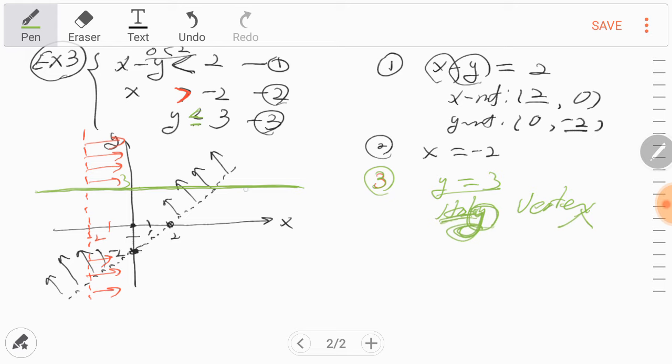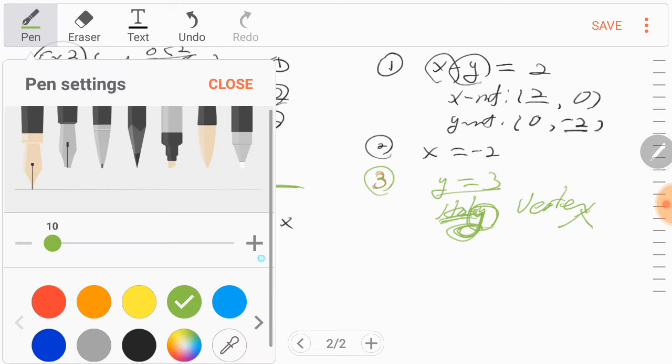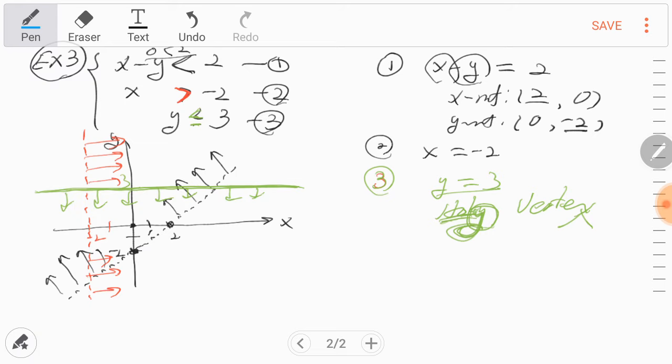And y is less than 3. Less than means below this horizontal line. Okay, so this time let's find the overlapped area. There are 3 inequalities, so we have to find the overlapped area for all these 3 areas.